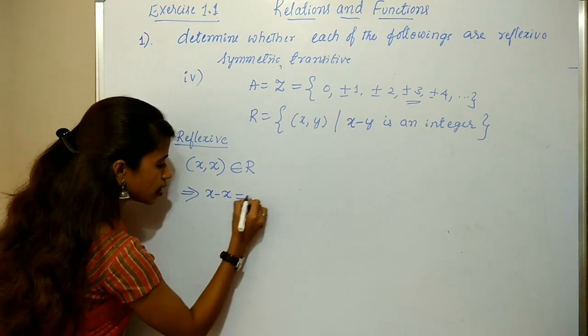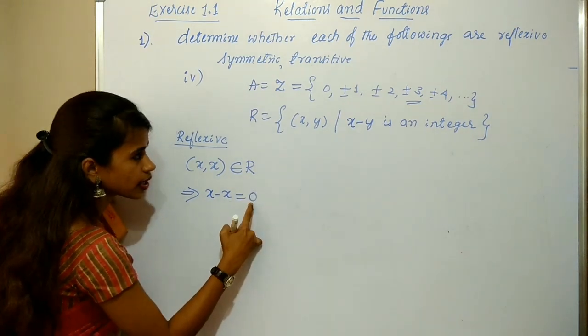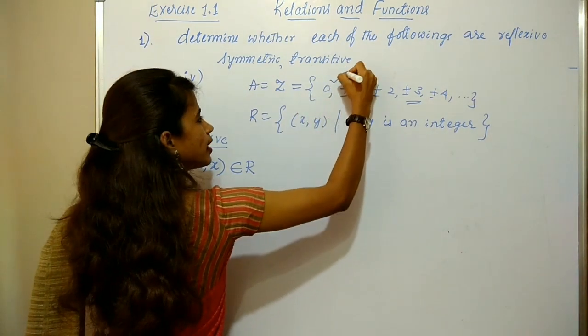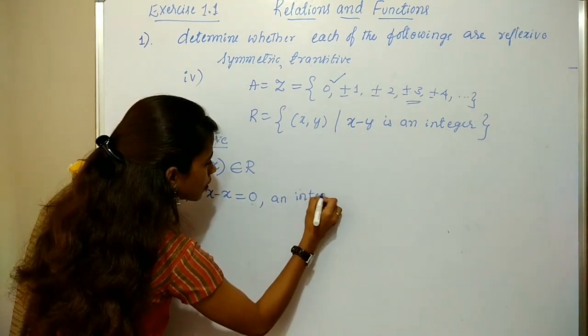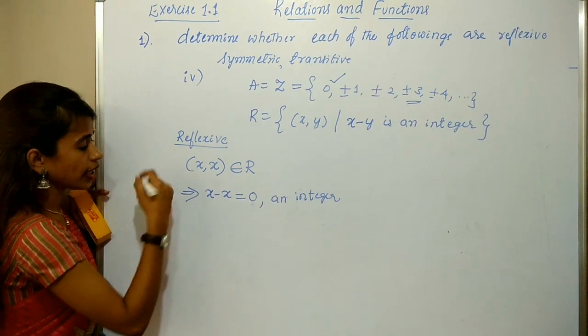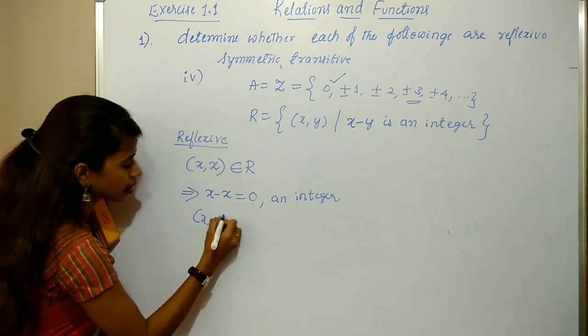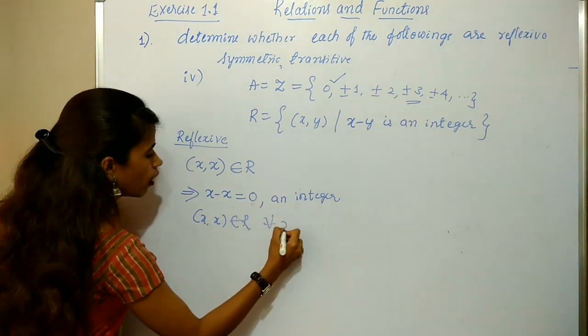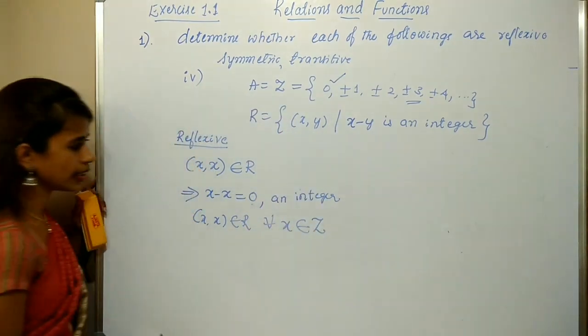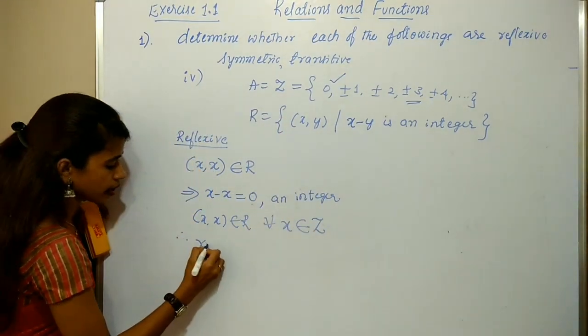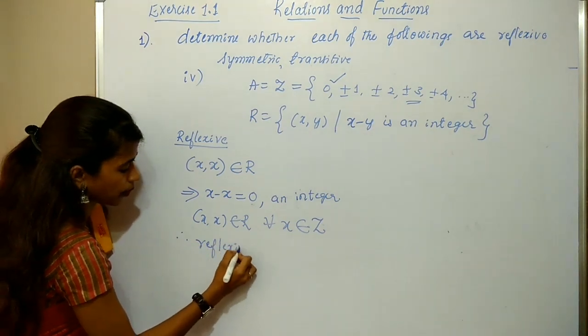It is 0. Is 0 an integer? Clearly it is an integer. So take any element (x, x); it clearly belongs to R for all x in the set Z. Z is the set of integers. Therefore this relation is reflexive.